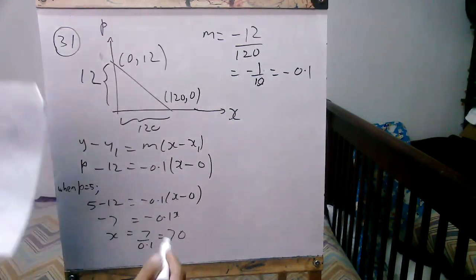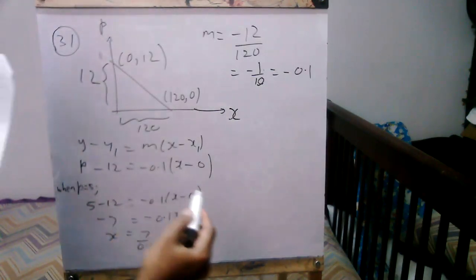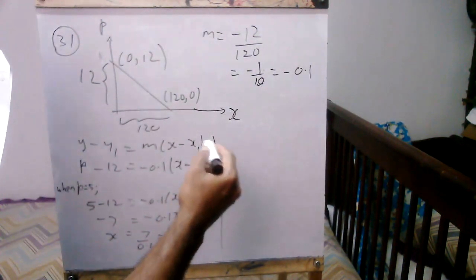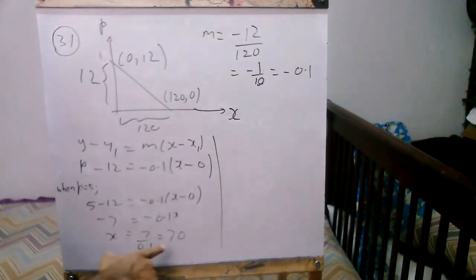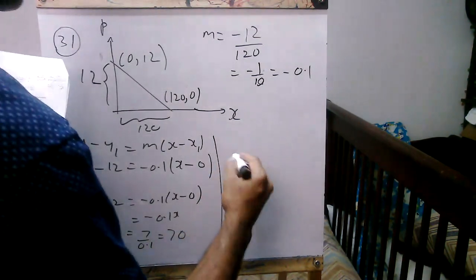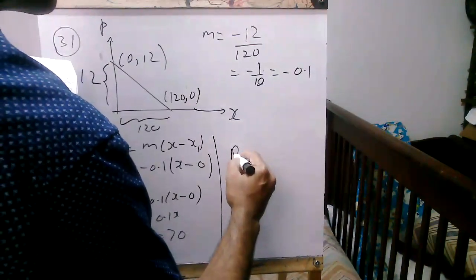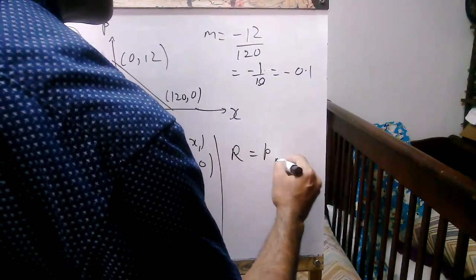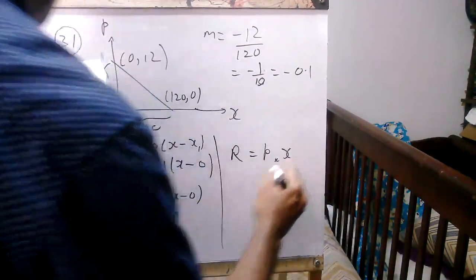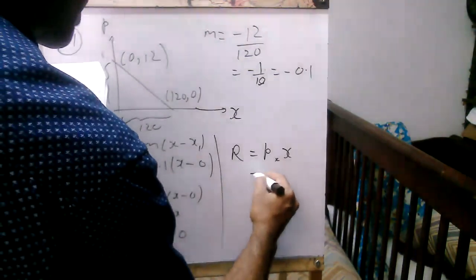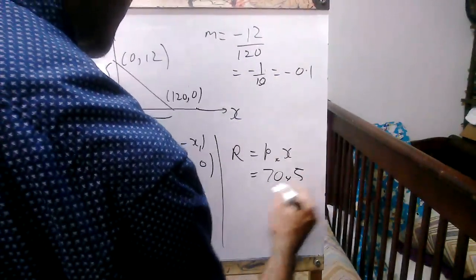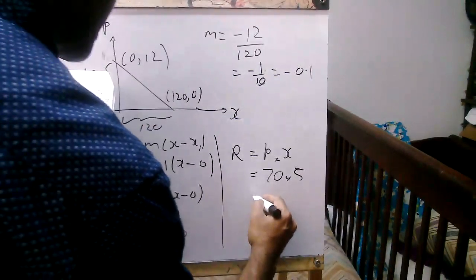Now we know how to find the revenue. Revenue is what? Price times number of items. Revenue equals price times number of items x, which means 70 times 5, which is 350.